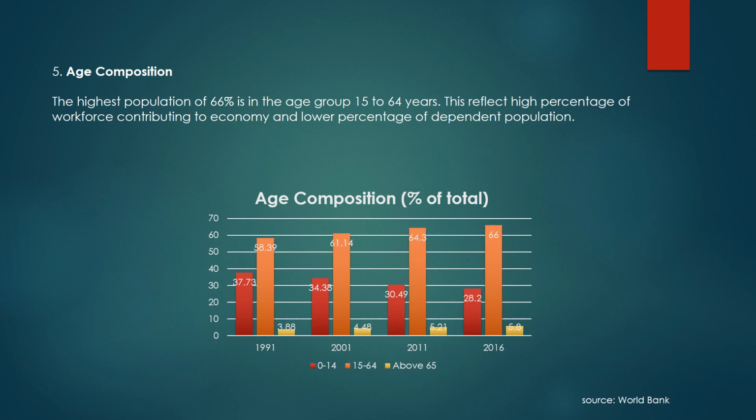It was around 58% in 1991 and it stands at 66% in 2016. The dependent population, which is in the age group of 0 to 14 years and above 65 years, is less than 35% of total population. A high percentage of working population helps the economy to grow faster.